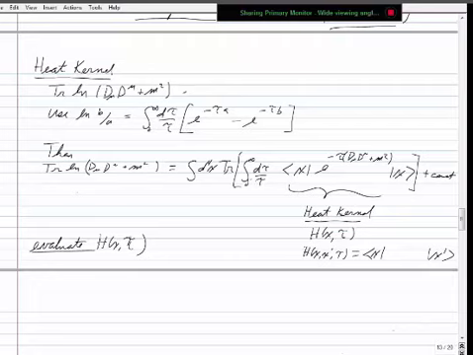Okay. So what we want to do then to evaluate this is we have to evaluate that, and that's what I'm going to do next time. I'm going to come back and evaluate the heat kernel.